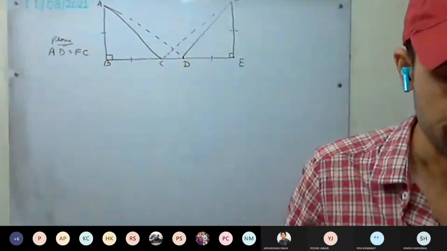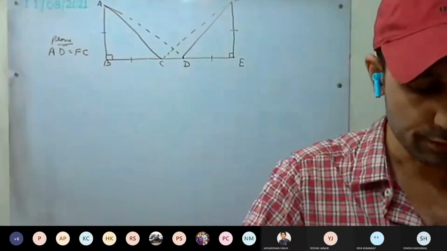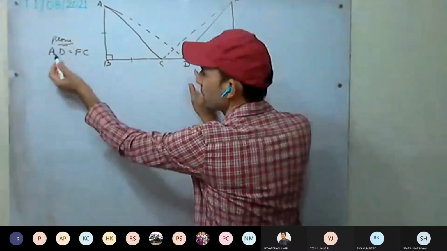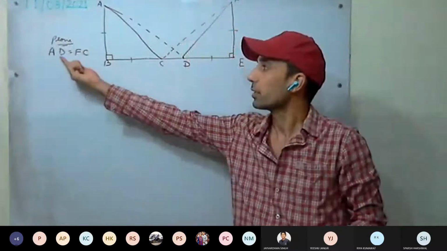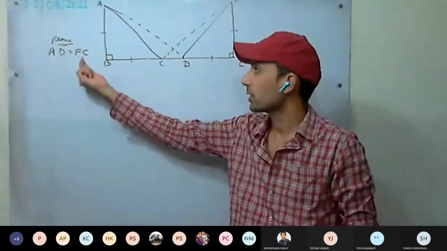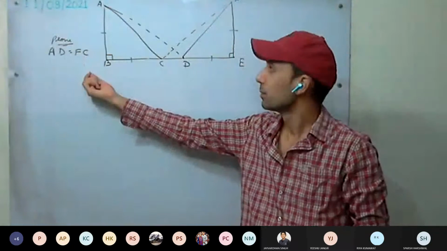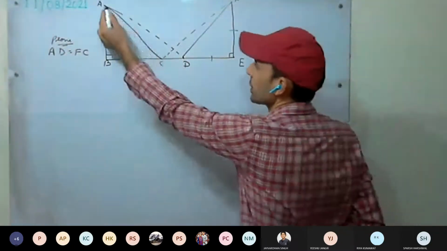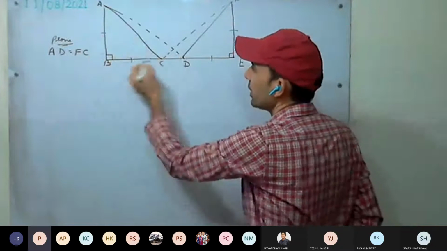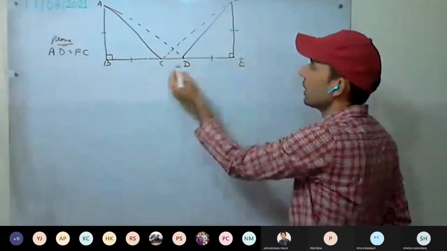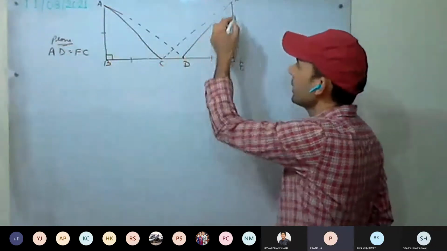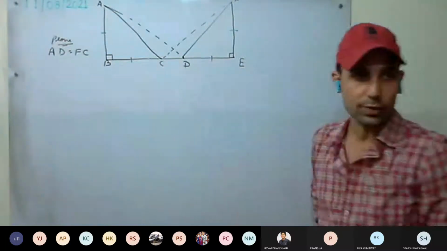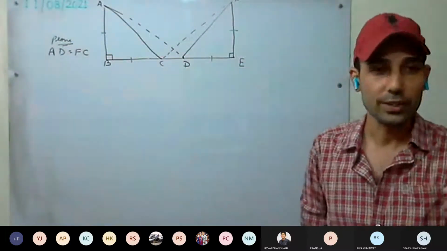So how are you going to prove? Which two triangles do we have to take? AD must be a side of one triangle, and FC must be a side of the other triangle. So we take triangle ABD and triangle FEC.